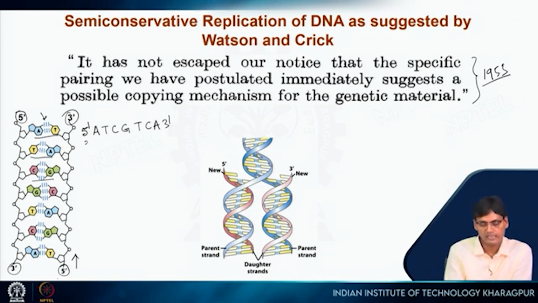The complementary strand should be 3 prime T, A, G, C, A, G, T, 5 prime. But here this is double-stranded DNA. They have hydrogen bonding between the A, T, G, C, all those things.